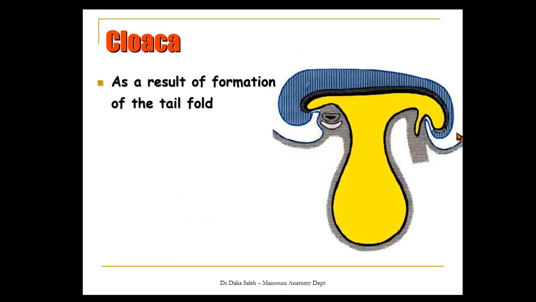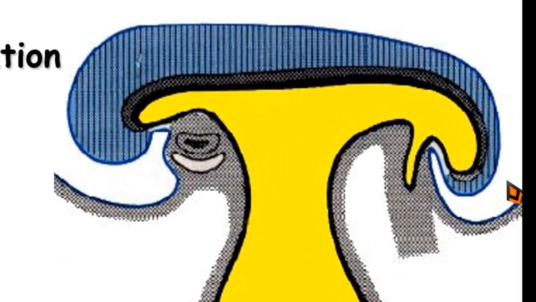Then, as a result of formation of the tail fold or bending of the embryo in the caudal direction, the allantois and the connecting stalk will get to the ventral aspect of the embryo. Instead of being at the tail, they will become at the ventral aspect of the embryo.